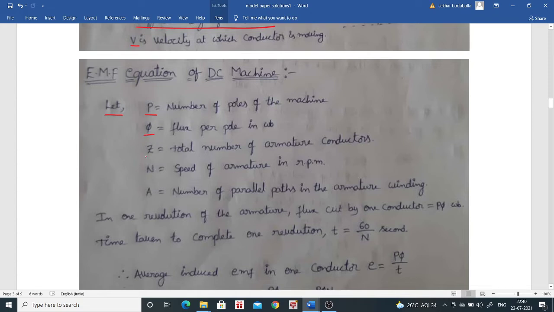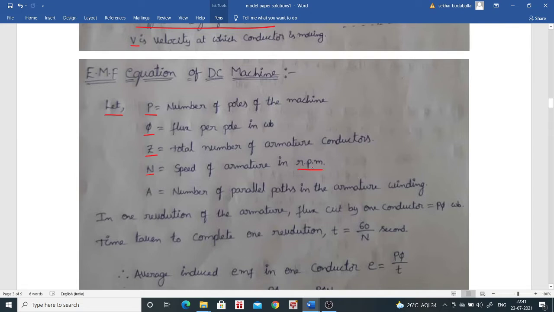There are Z number of conductors in the armature of this machine. Z is the total number of armature conductors, placed on the armature, and the armature is rotating at a speed of capital N revolutions per minute.